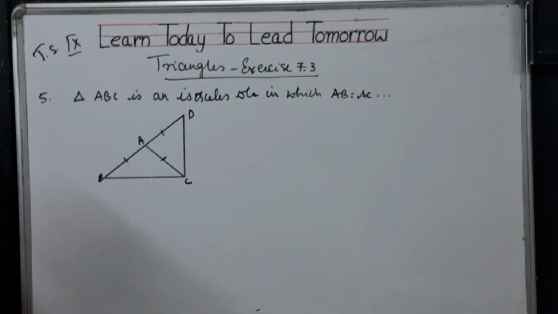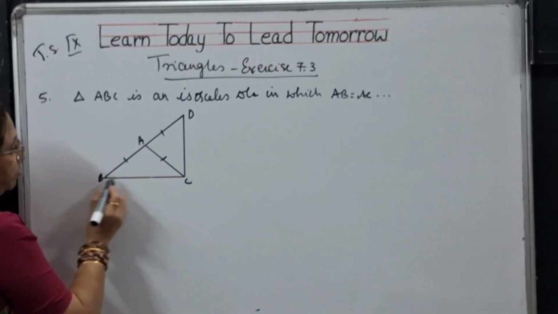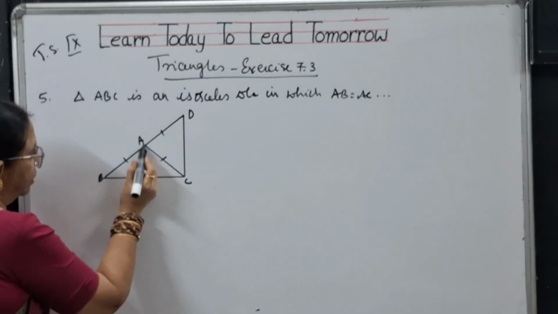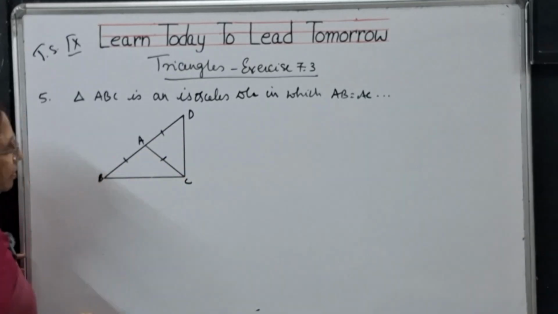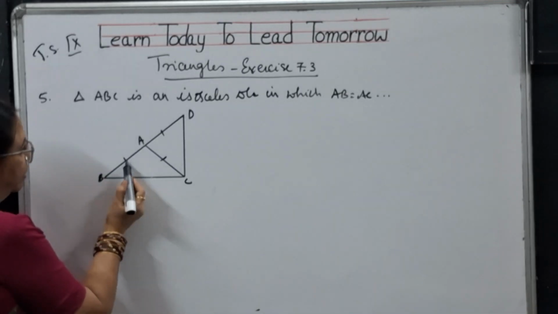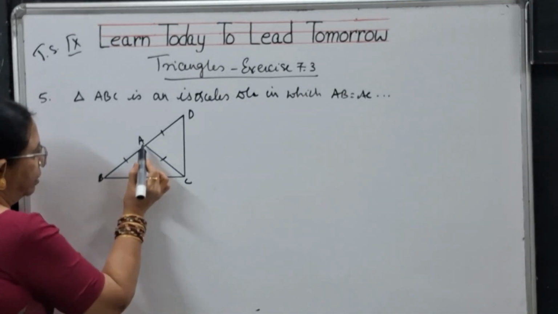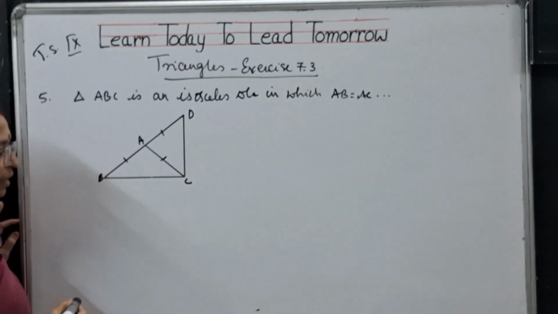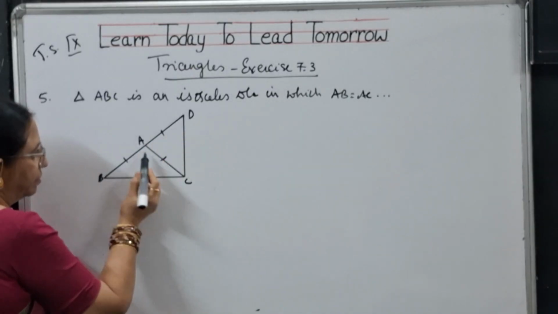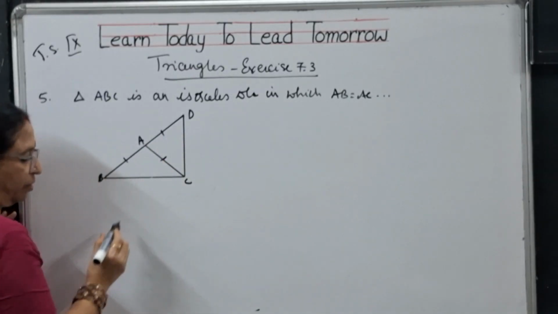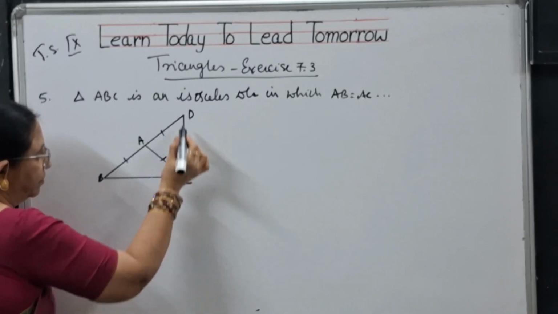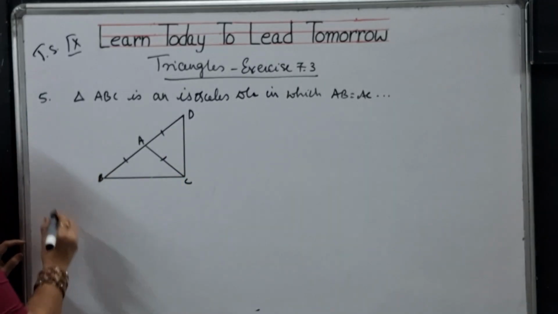Now, children, triangle ABC is an isosceles triangle in which AB is equal to AC and side BA is produced to D such that AD is equal to AC. Now you have to prove that angle BCD is 90 degrees.